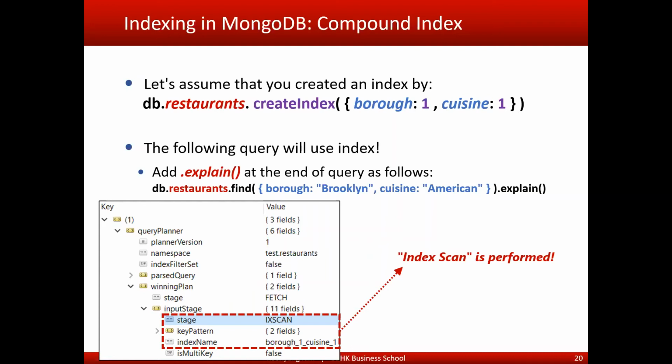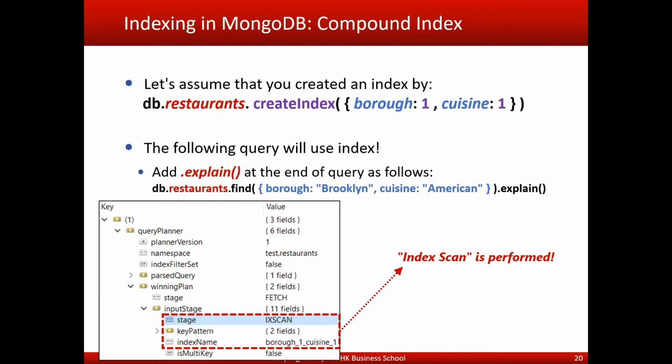You can use the find function, and for borough you specify Brooklyn, and for cuisine you specify American, like this. If you use that query, it will utilize the index.